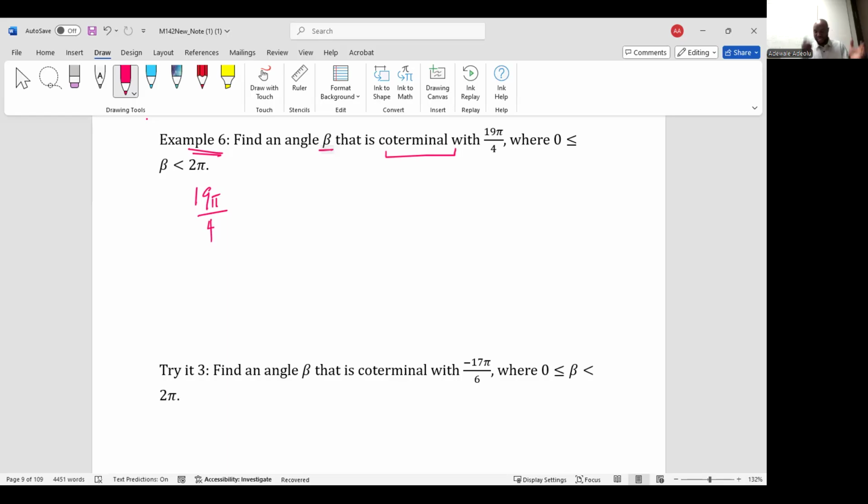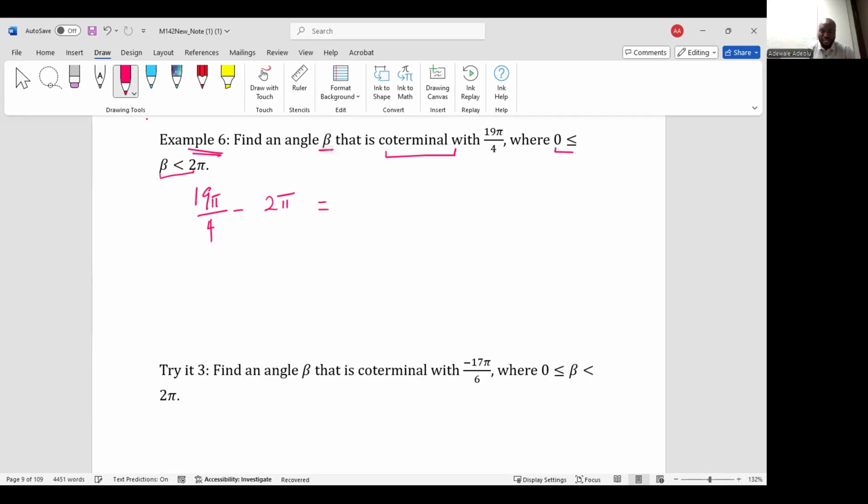This is more than 2 pi. 19 divided by 4 is 4 and something, right? So it is more than 2 pi, more than one full rotation. So if you want to find an angle between 0 and 2 pi that is coterminal with that, just subtract 2 pi first.